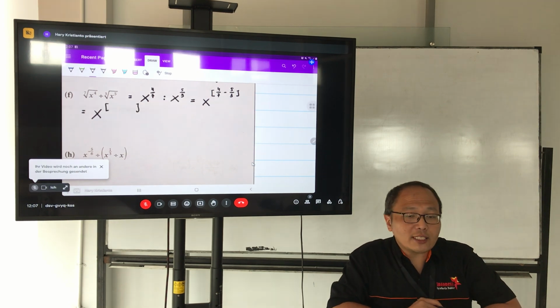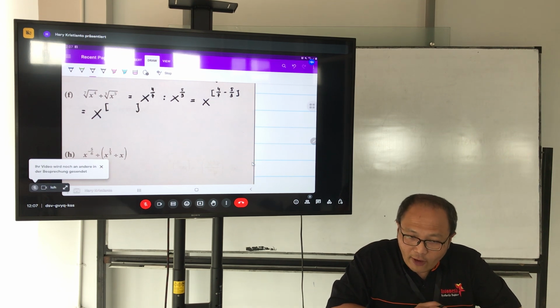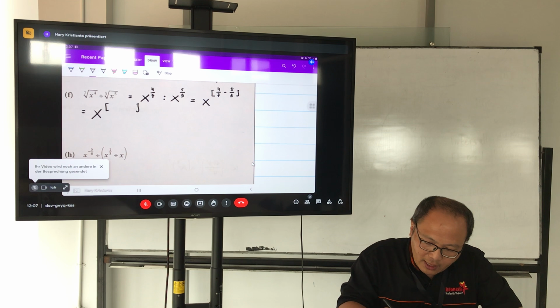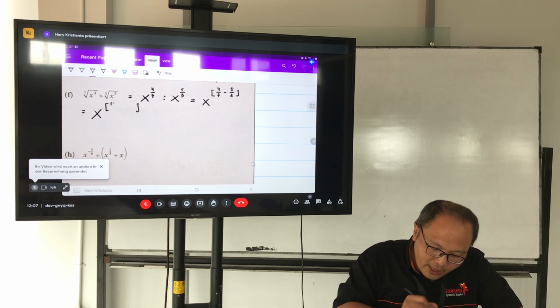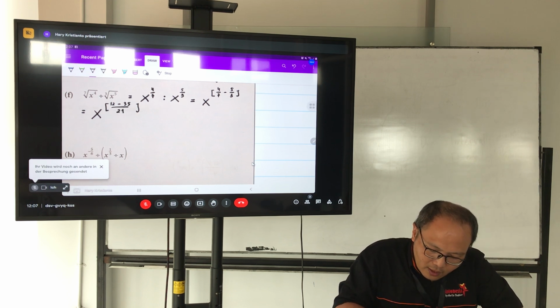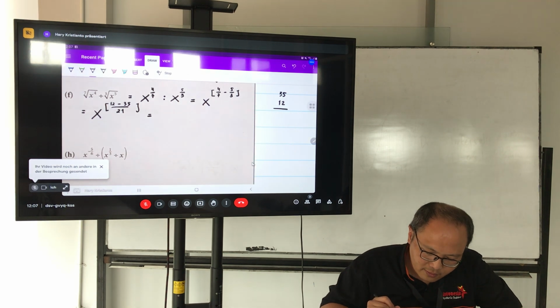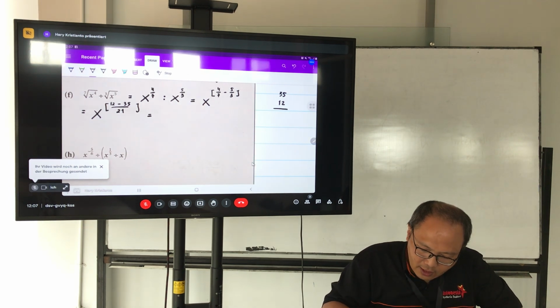I think I don't have to explain in detail how to subtract one fraction from another fraction. It will be 12 minus 35 over 21, or 35 minus 12, 3, and then, correct?